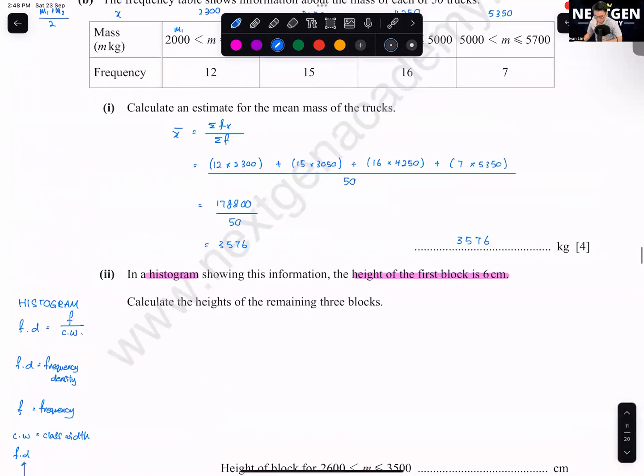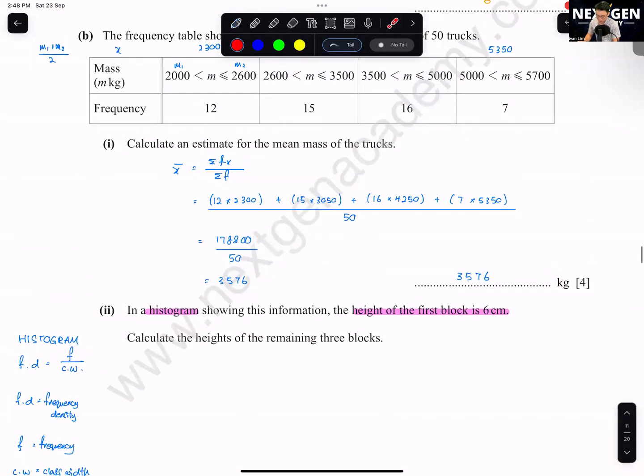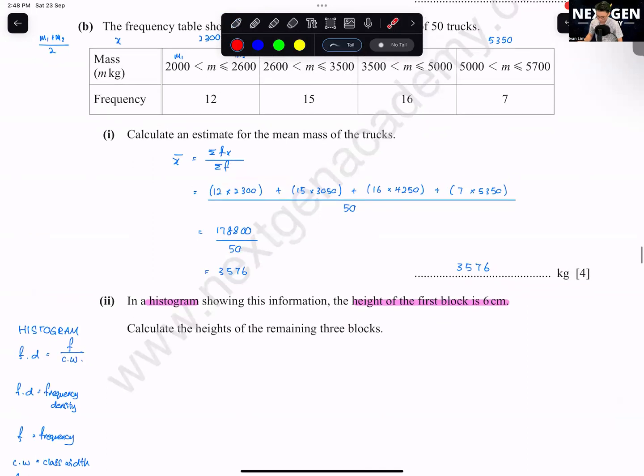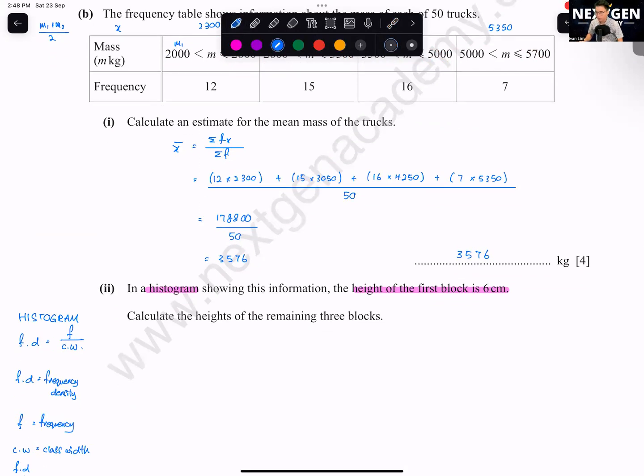With the values that they give us here, mass and frequency, we need to calculate the frequency density first. So we continue on from here. We want to find the class width first. Maybe I write down the frequency first, because we will need F over CW.